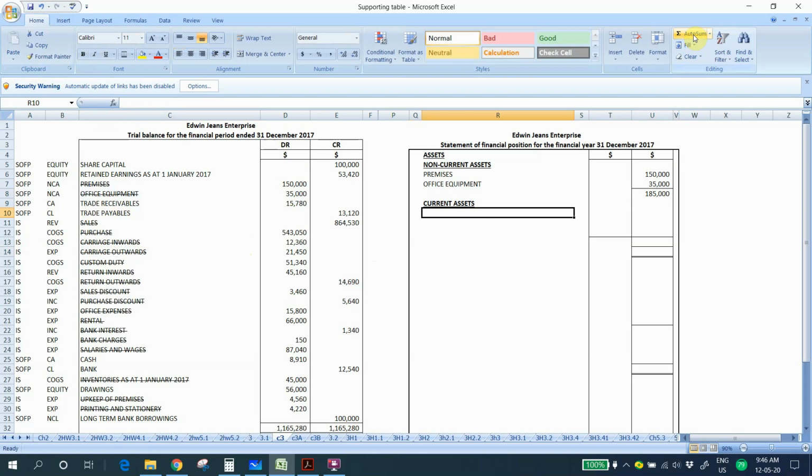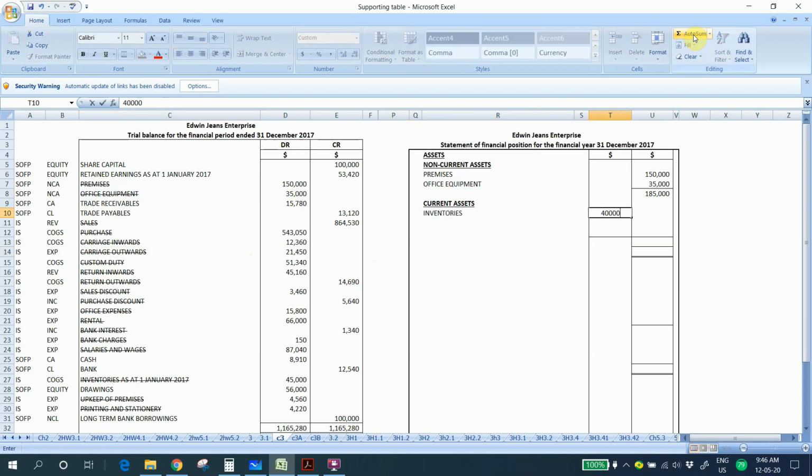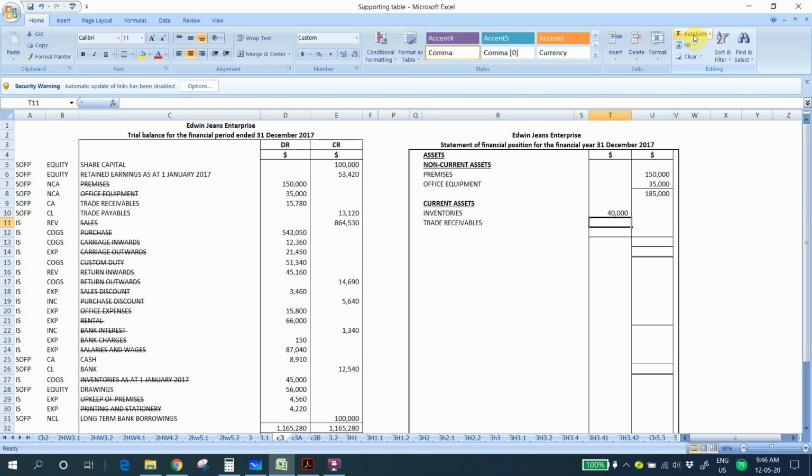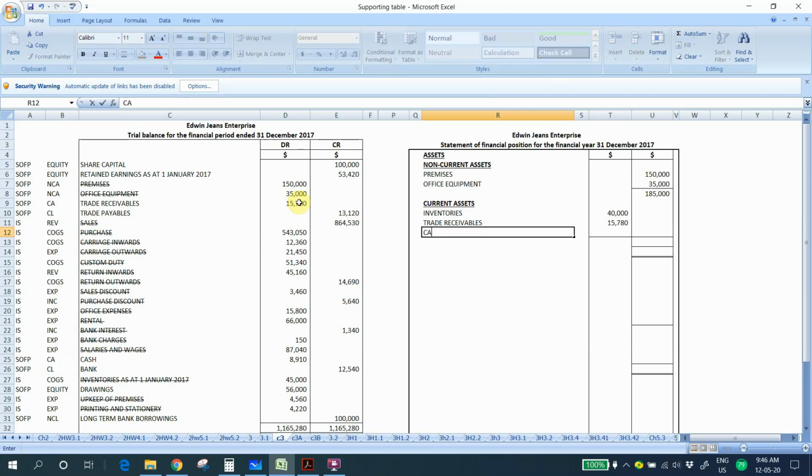So for current assets, we follow the sequence. We start from inventories, which is 40,000. We have trade receivables, 15780, and we have cash, 8910.